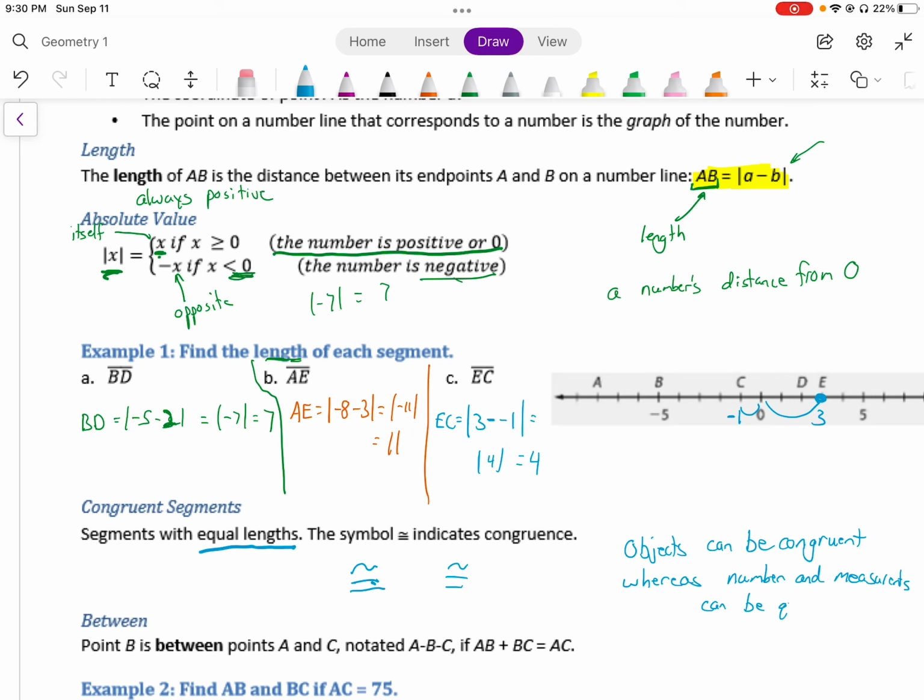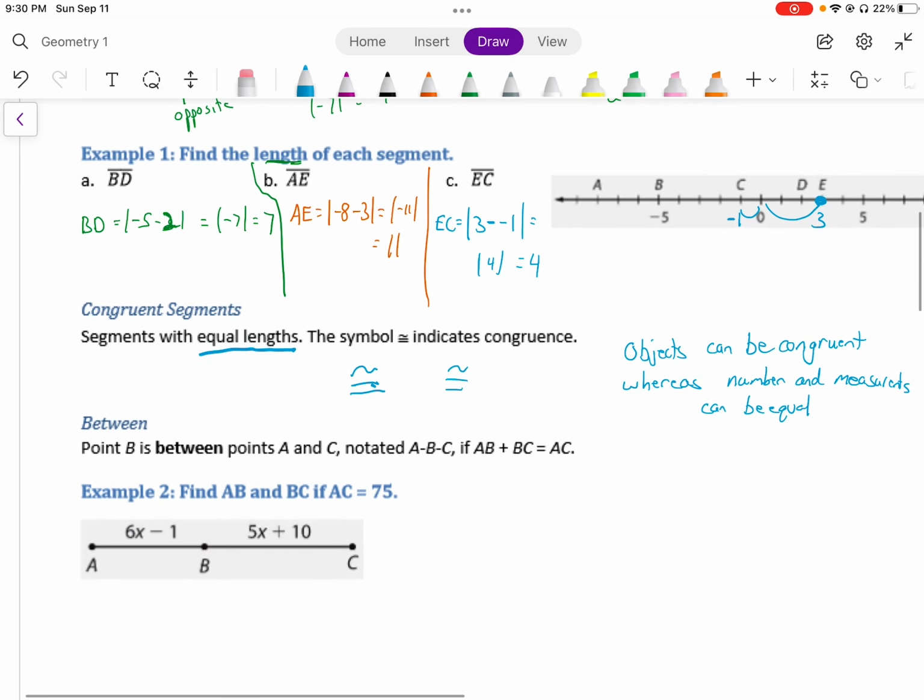So congruent and equality or equals seem very similar, but they are not exactly the same. All right, so that's congruent segments.